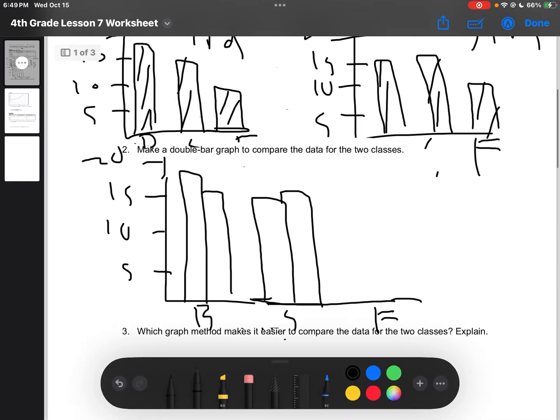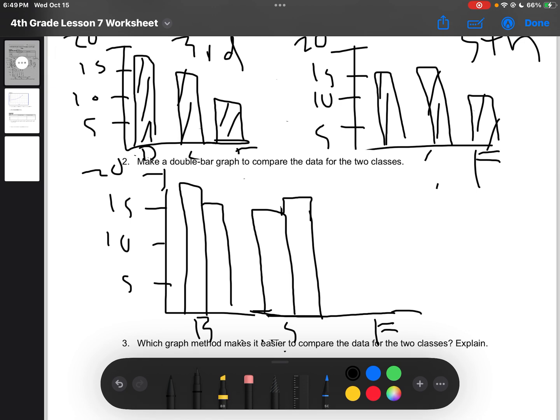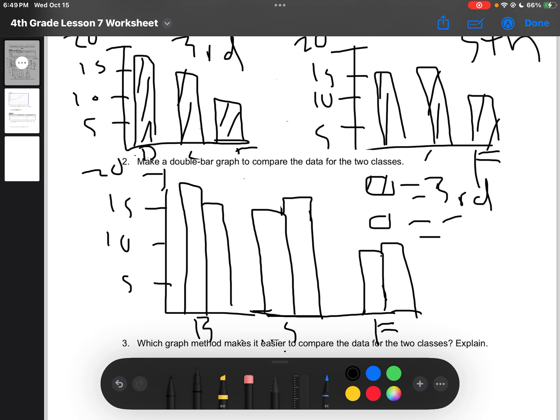No, it was 16, so it'll be a little bit over 15 right there. For figure skating, 3rd grade was 9, I believe, and 5th grade was 10. And now we need to make a key indicating that striped equals 3rd and regular equals 5th.